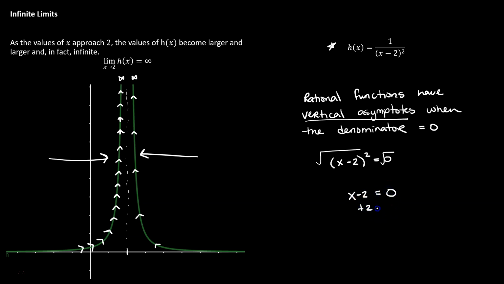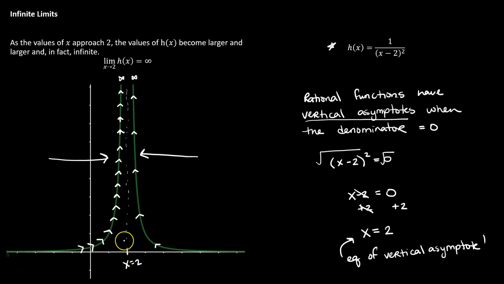We can add 2 to both sides so that we have x all by itself on the left and positive 2 on the right. This tells us the equation of our vertical asymptote. That's exactly the x equals 2 line that I drew when we first started this video.